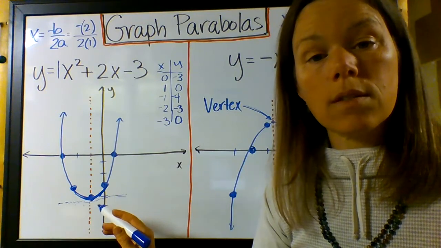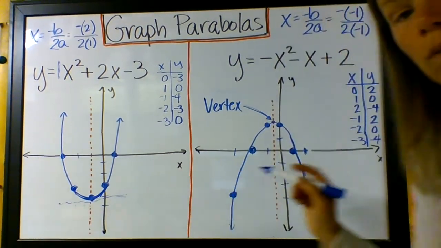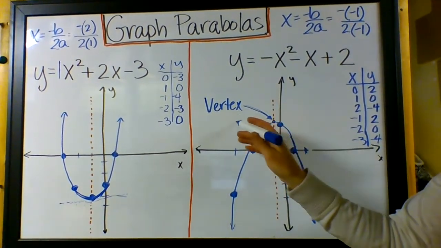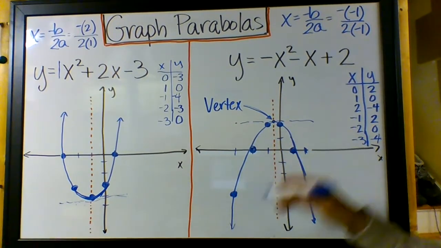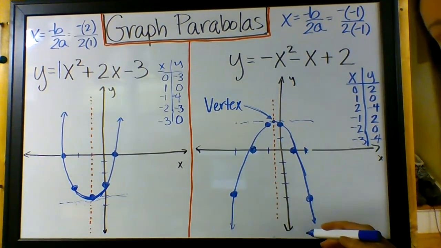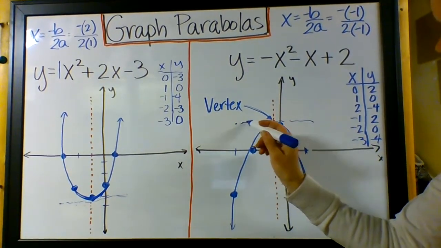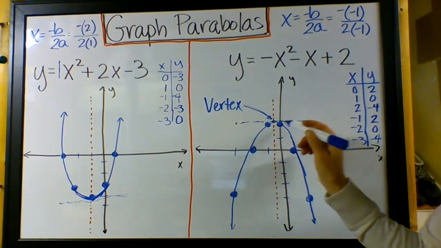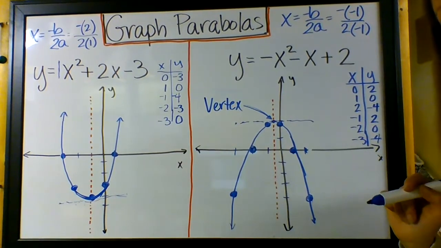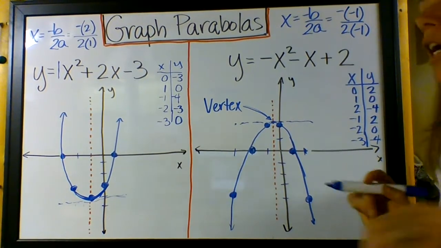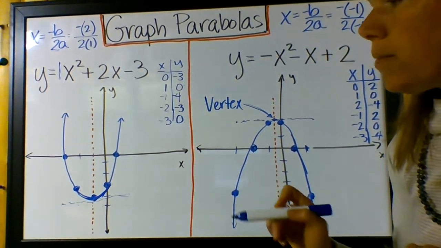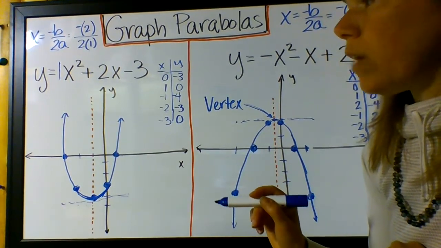It's the lowest. Okay? This one that I'm doing over here has a maximum value. Because it opens down, it has a maximum value, and this is the highest y value of this function. Okay?